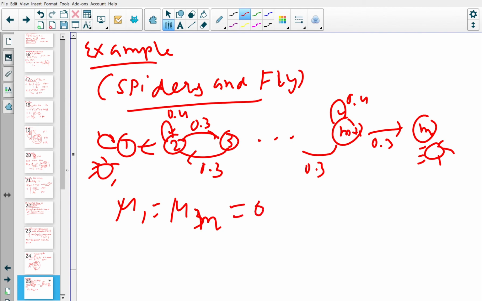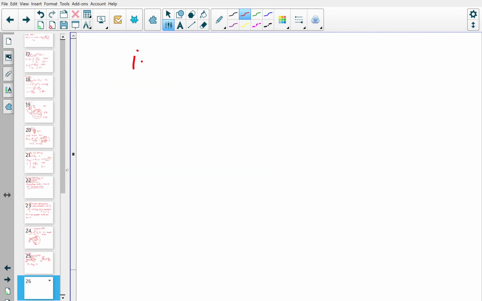Now in between, for i equal to 2, 3, up to m minus 1, mu i, from our formula, is 1 plus this probability sum, right? So you have three options.